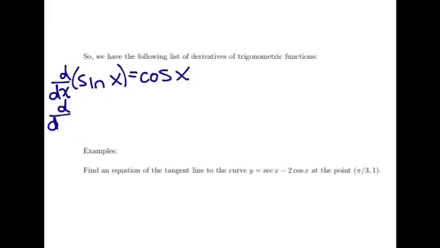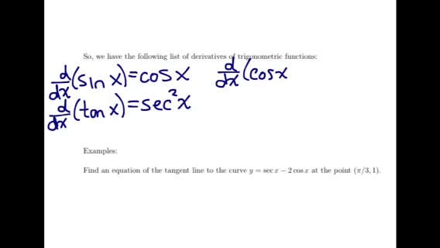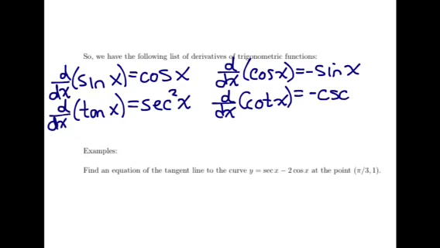So here's our list. So we have the derivative so far. We have the derivative of sine of x is cosine of x, and the derivative of tangent of x we got was secant squared. Also the derivative of cosine of x was a negative sine of x. If you do the derivative for cotangent, it ends up being negative cosecant squared x.